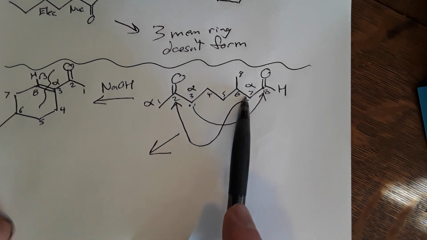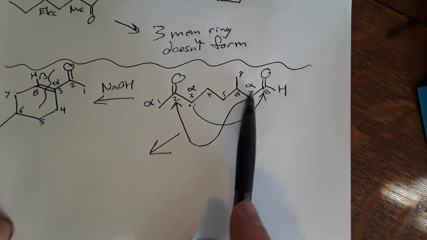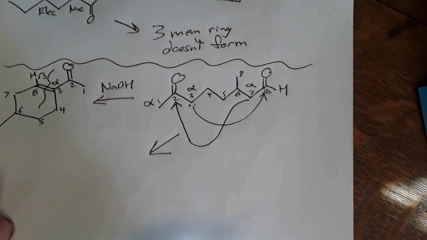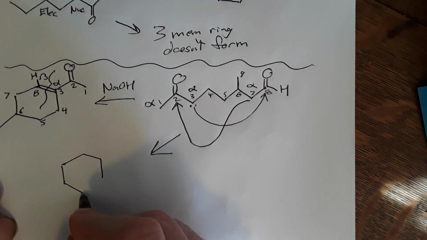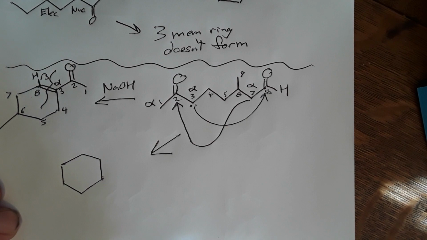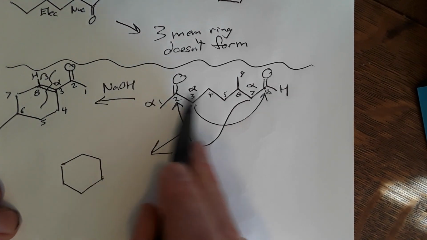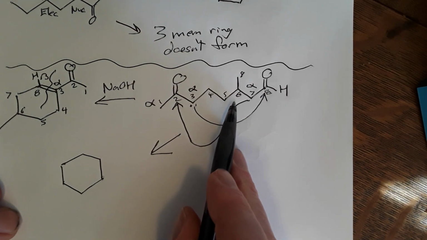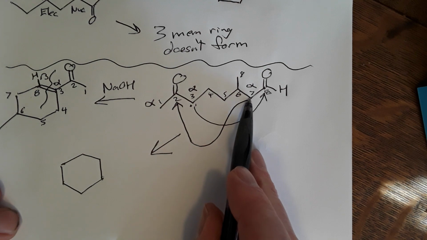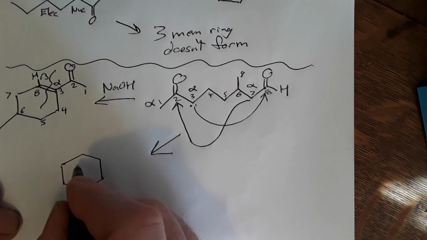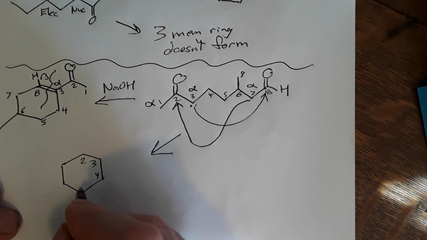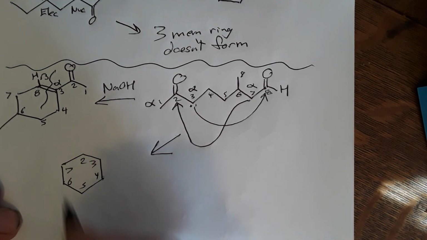We already said that 7 attacking 2 is going to form a 1, 2, 3, 4, 5, 6-membered ring. So if I'm drawing that, I am making a 6-membered ring and numbering it from 2 to 7 because these are the atoms that are going to be part of the ring. 2, 3, 4, 5, 6, 7.